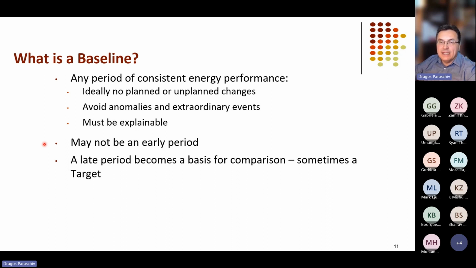So you want to cover an entire cycle of operations of the facility. Typically, we want to exclude periods where we have unplanned changes or some form of anomalies that will influence the way we calculate savings. We do not exclude them just because we don't like the data. We try to explain that.